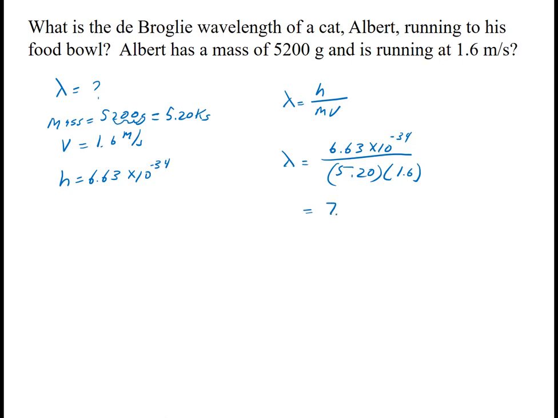And when I do that, I get 7.97 times 10 to the negative 35 meters, so that's very, very tiny. Now, the two problems I did here were to find the wavelength. It is, however, reasonable that you could be asked to find the mass and the velocity. So you could also have to solve for either one of those if you're given the wavelength.